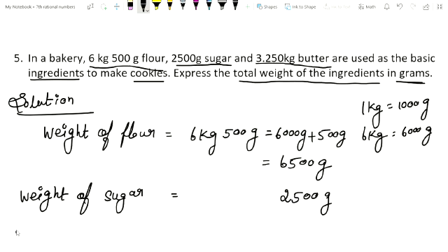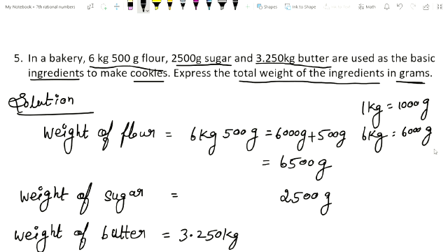Next, weight of butter equal to 3.250 kilogram. Just you convert here.